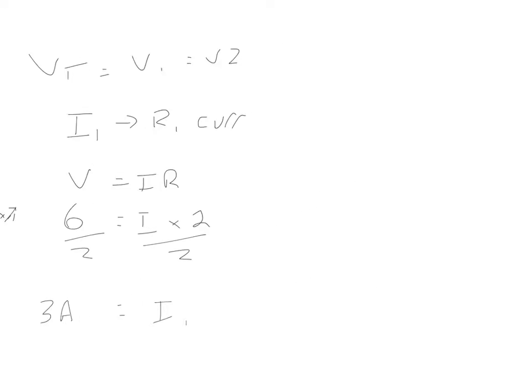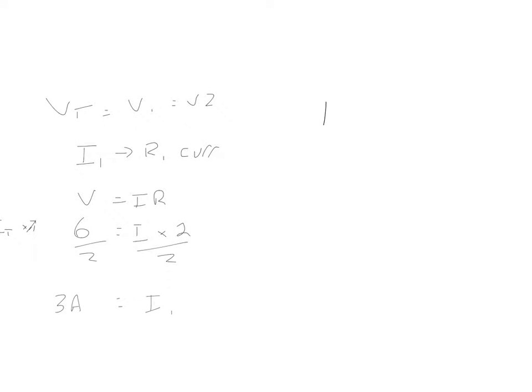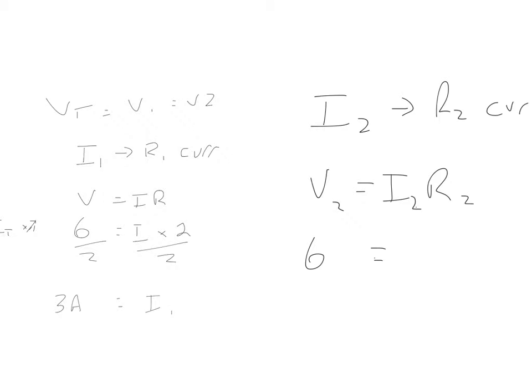Now if I want to find I2, I do the same thing. V equals I times R, so I2, R2, V2. 6 equals my I, which is unknown, times my resistance, which is 5.